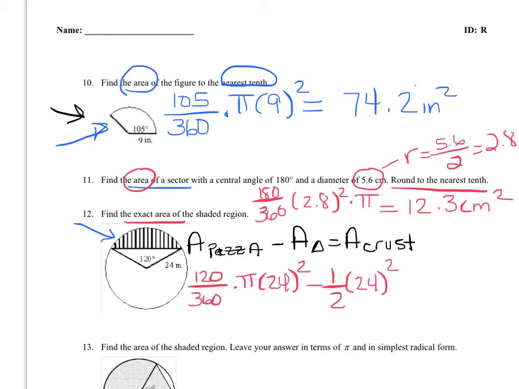Now remember, we're using that one formula. Technically, they really want us to cut this triangle in half. I'm just telling you because we're going to do that for the next one. So that this is 60 degrees right here, and that this is 30, and then your hypotenuse is 24.